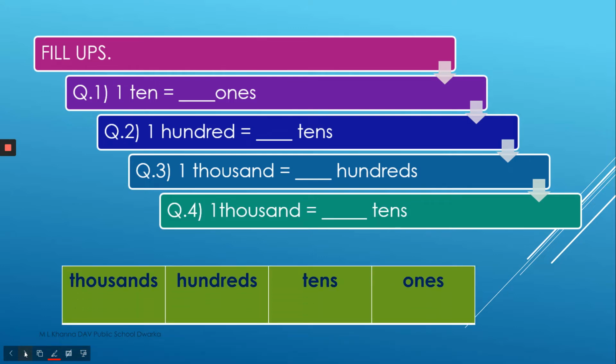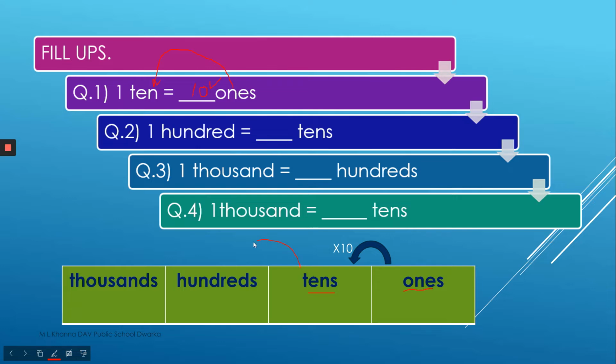Now children, just remember the trick. When we move from ones to tens place, we multiply by 10. That means 10 ones is 10. That means 10 is 10 ones. We are moving from ones to tens, so we multiply by 10.